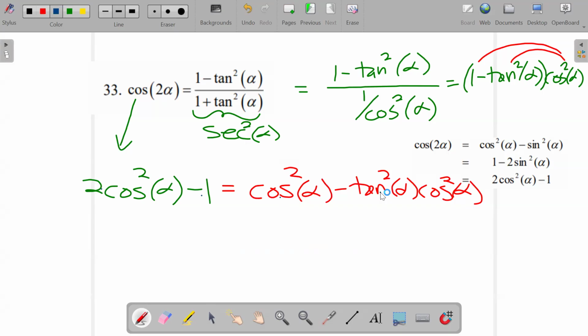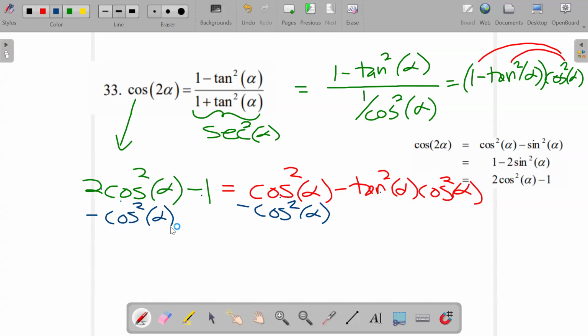But I've got cosine squared hanging out on each side. I could say subtract the cosine squared. So if I did that, minus this cosine squared of alpha over here, minus cosine squared of alpha, that gets rid of the 2.